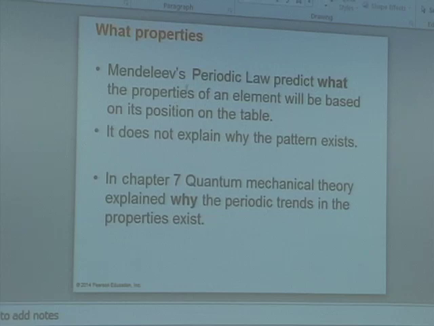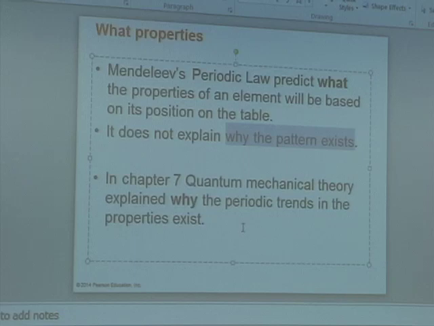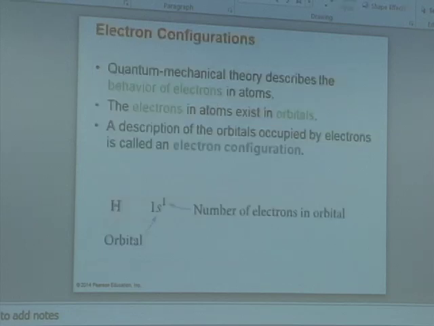So this law predicts what the properties would be, but it does not really explain why the properties exist in that fashion. We learned in chapter 7, through the quantum mechanical theory of the atom, why the periodic trends do exist.